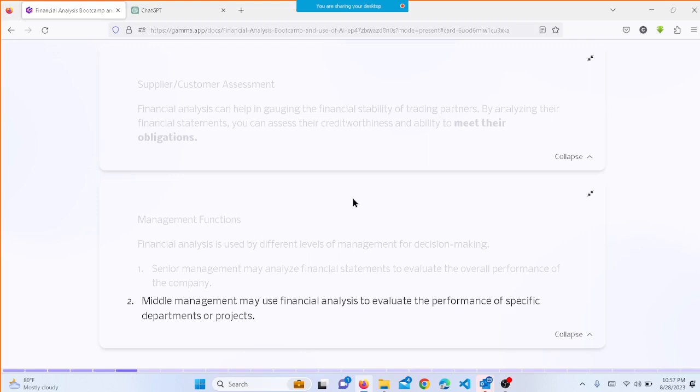The individual departments may not have a direct ability to influence the entire company, right? So they are more interested in their own departmental analysis, where they can evaluate whether their own individual projects and departments are meeting the budget or the target set by the top management. So they have a different objective in mind when analyzing.